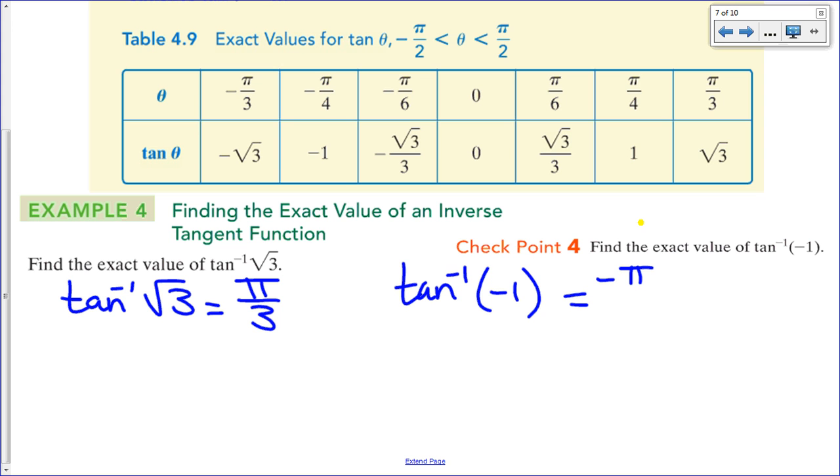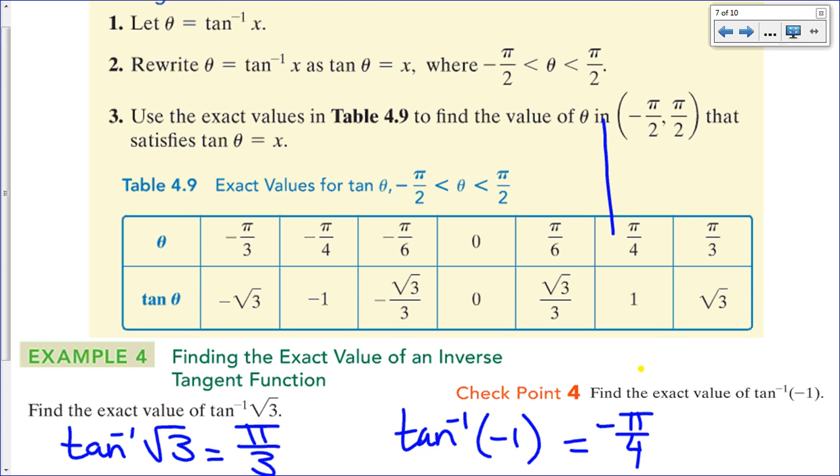All right. Now for tangent, I want you to keep this little image in your head, okay? So we're taking from -pi over 2 to pi over 2, right? Of course, in the positive and negative direction, but we do not include those, so I'm going to draw an open circle.